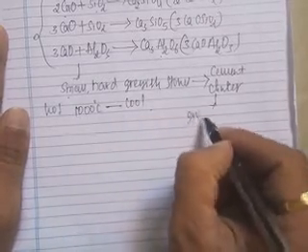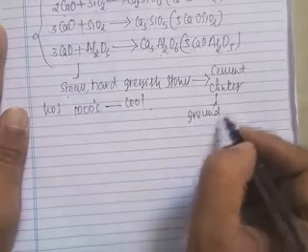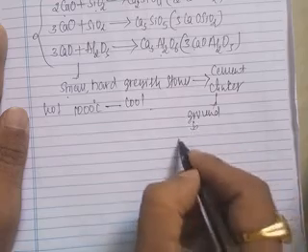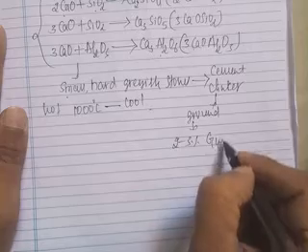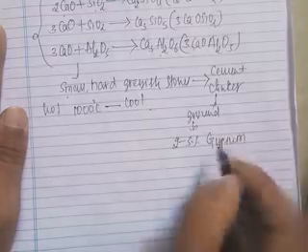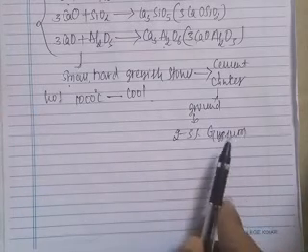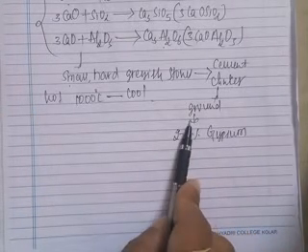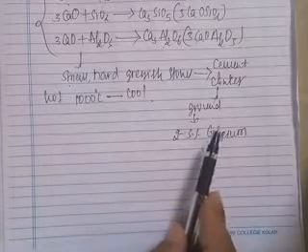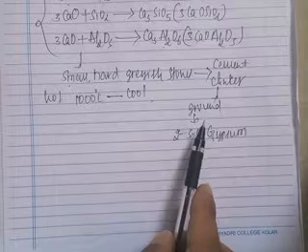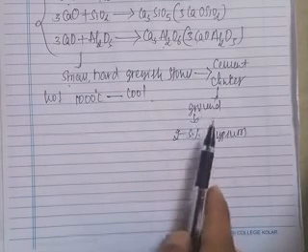After cooling, the cement clinkers are ground to a fine powder, and 2 to 3% gypsum is added. Why is gypsum added to Portland cement? In storage, due to moisture, the cement will get hardened.